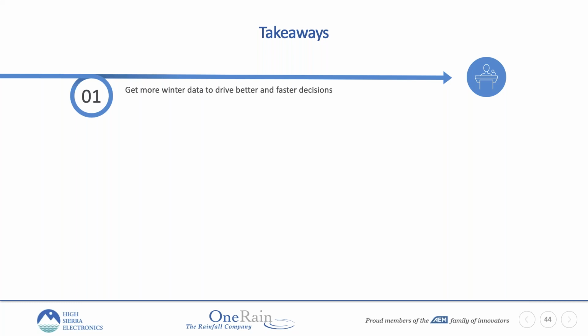So from takeaways, these are pretty obvious, and they just help to summarize what we've been working on here. So getting more winter data in more locations, and then quickly changing things around, either changing priorities or evolving road systems, helps to drive better and faster decisions.